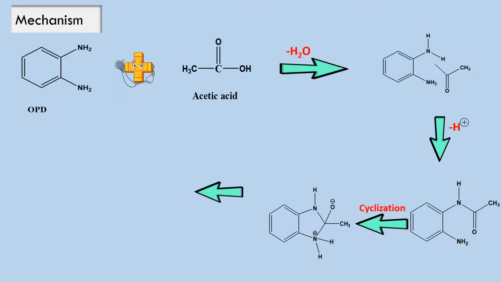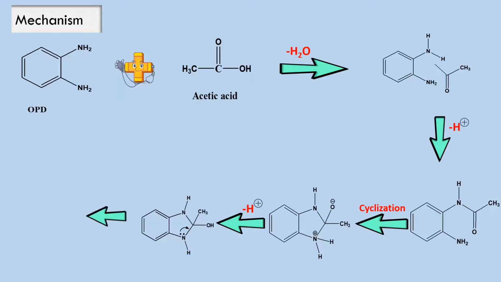Here, rearrangement of structure takes place by removal of hydrogen atom and this product gets formed, where the lone pair of nitrogen will help to form a bond, and in the last step the removal of OH ion finally leads to 2-methylbenzimidazole.